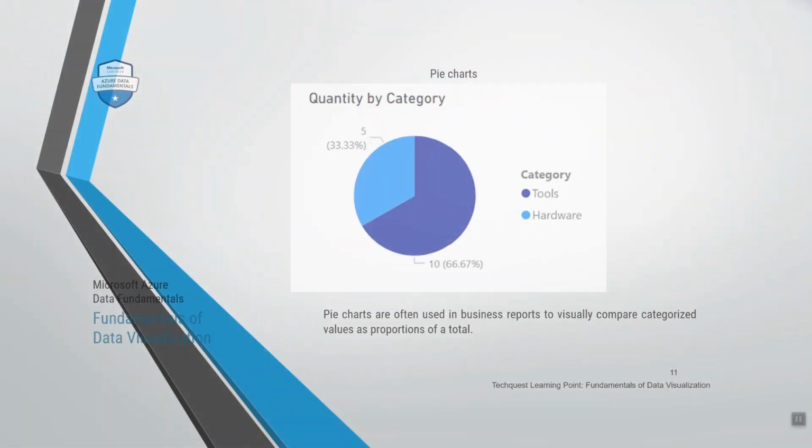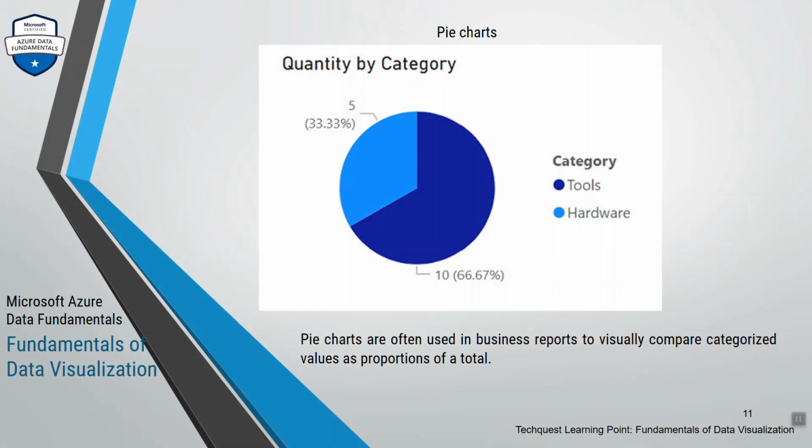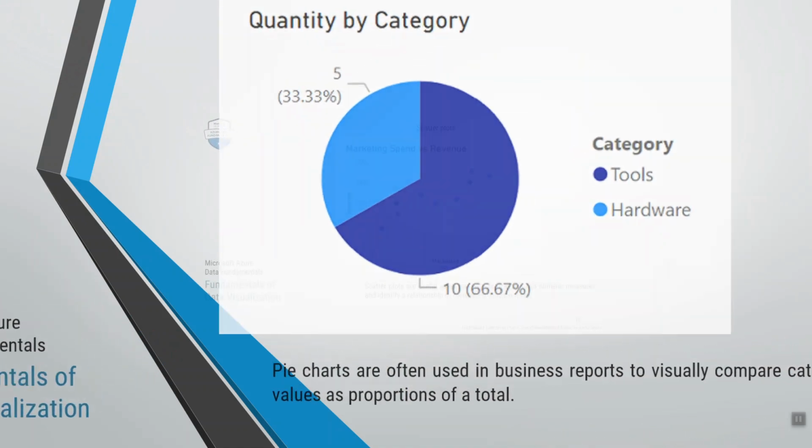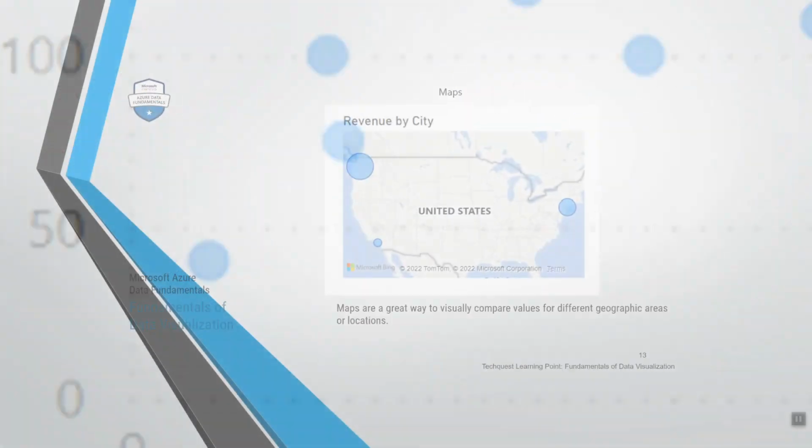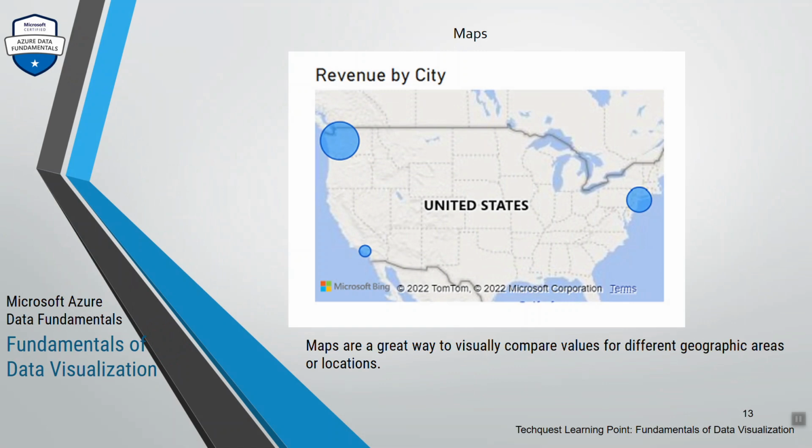Pie charts are often used in business reports to visually compare categorized values as proportions of a total. Scatter plots are useful when you want to compare two numeric measures and identify a relationship or correlation between them. Maps are a great way to visually compare values for different geographic areas or locations.